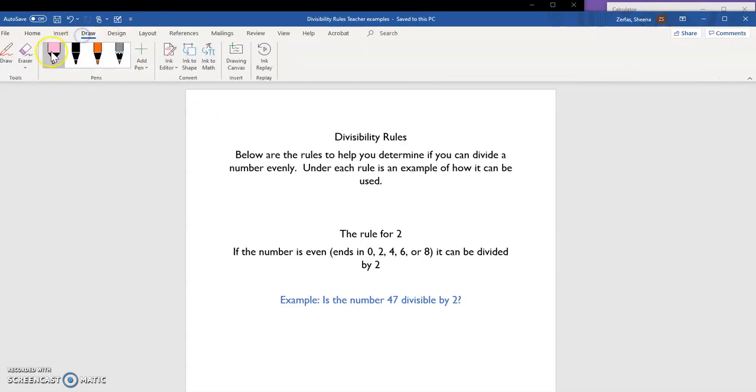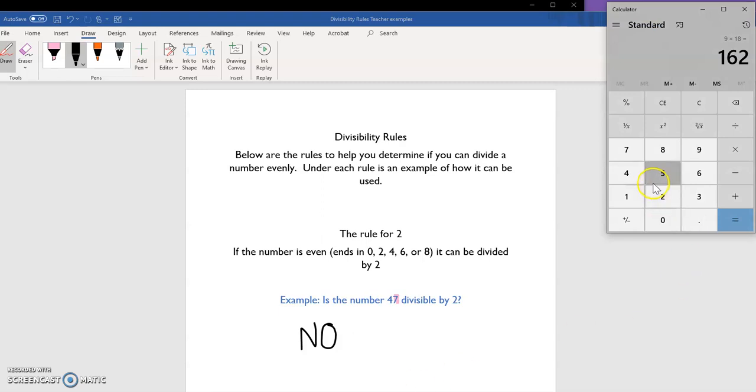I'm going to look at just this last digit, so I can ignore anything other than the ones place. If it is even, we would say it's divisible by 2. 7 is an odd number, so we would say this is not divisible by 2. On my calculator, if I did 47 divided by 2, we'll see that we get a decimal, which means it does not evenly get divided.